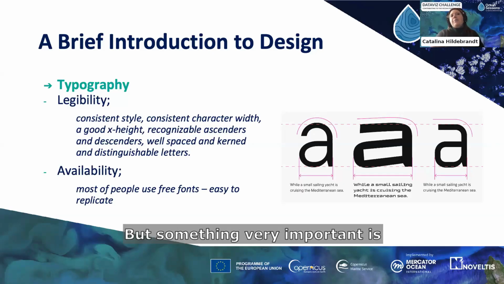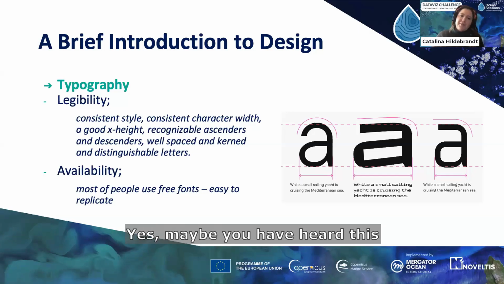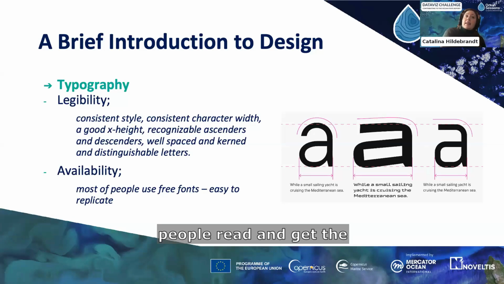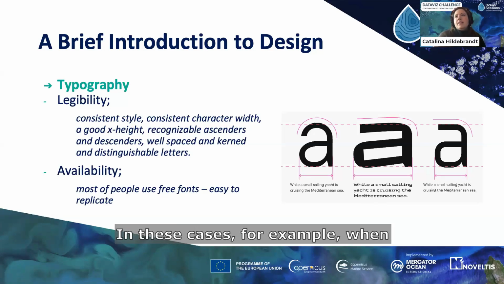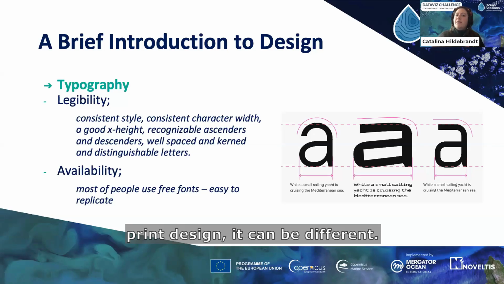But something very important is the typography we choose. Maybe you have heard this before, but typography helps people read and get the information better. When we are creating for web design or print design, it can be different, but some of the rules are a consistent style, consistent character width, a good x-height, and recognizable ascenders and descenders.